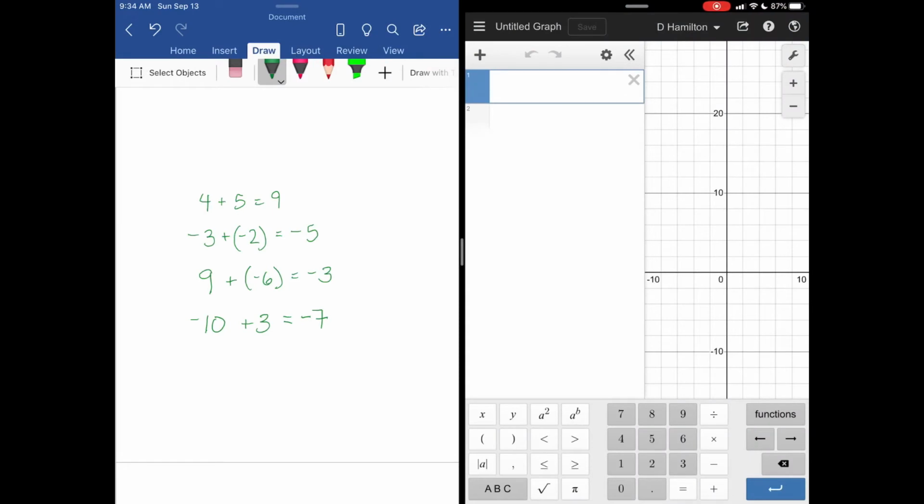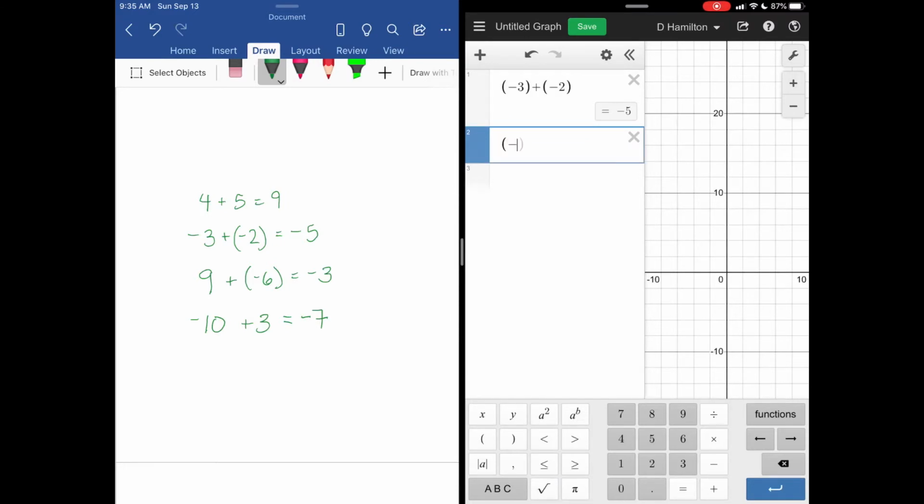I don't want us to lose sight of the fact that we can always go back to using Desmos. So I'm going to look at maybe the second and the fourth example that you see on the left of the screen. So if I wanted to check that our addition was correct, we could type right into Desmos negative 3, I like putting parentheses around my negative values, plus, and then you'll see on the bottom right of that cell, it's already telling you what that sum is.